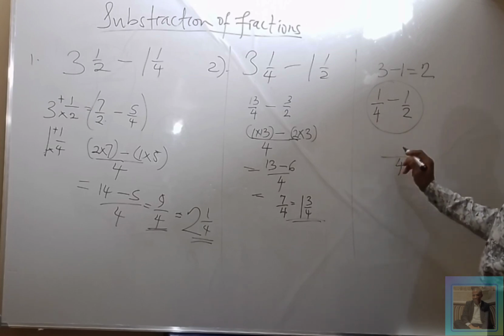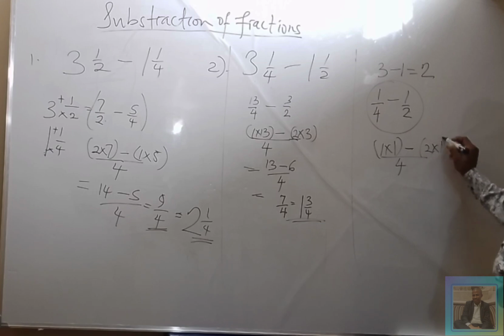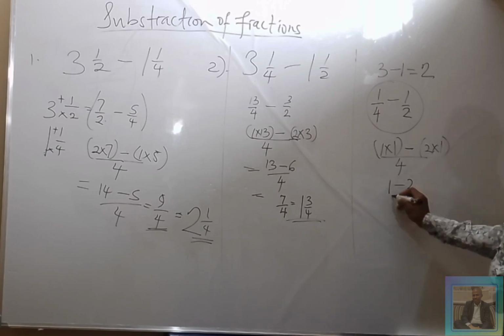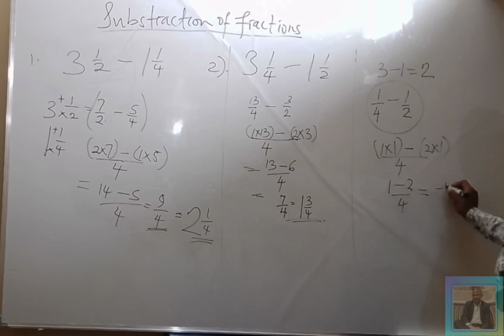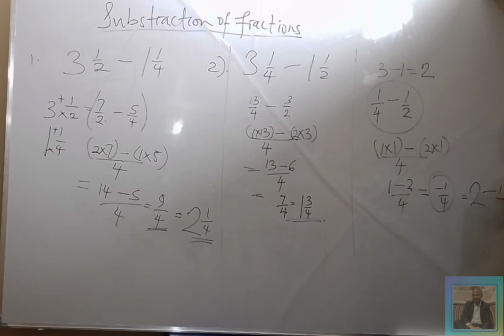How many 4s are in 4? 1. 1 times 1, 1, minus. How many 2s can we see in 4? 2. Then we say 2 times 1. What do we have here? 1 minus 2 over 4, which is minus 1 over 4. There is no fraction like this in reality. So we come again and say, the integer we have, 2, minus 1 over 4. Yes, we can do the calculation. That will eventually give us 3 over 4.